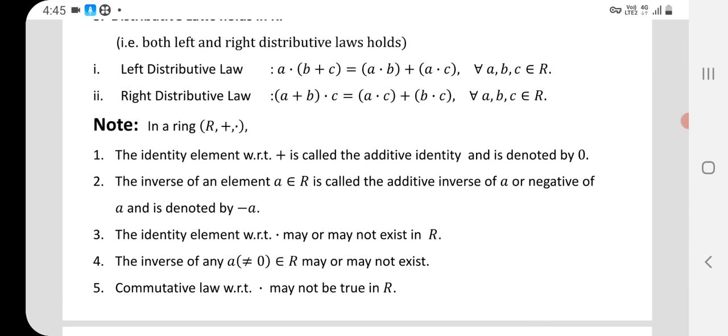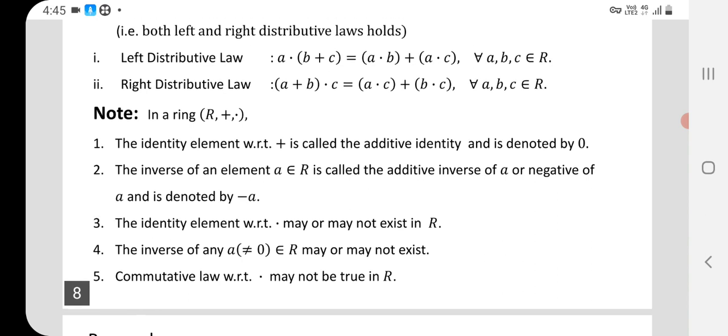Note, in a ring, usually denoted as (R, +, ·), the identity element with respect to addition is called the additive identity and it is denoted by 0.